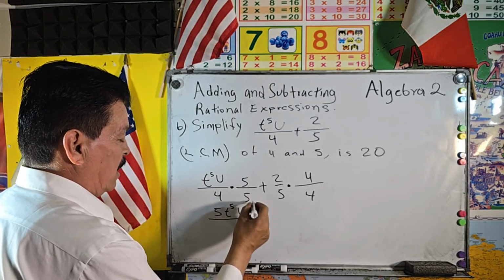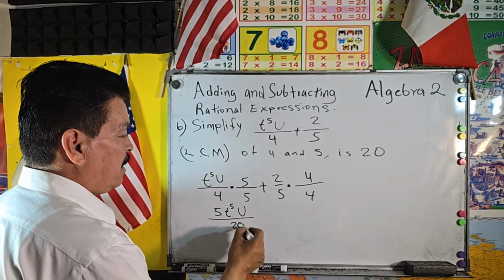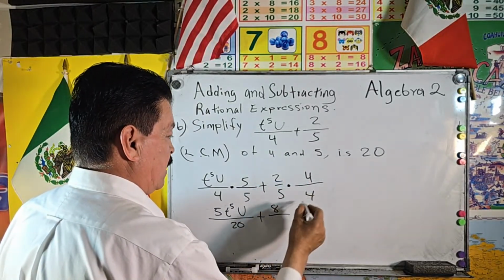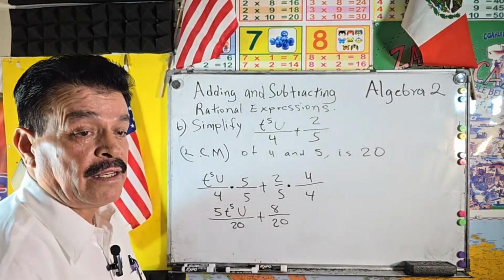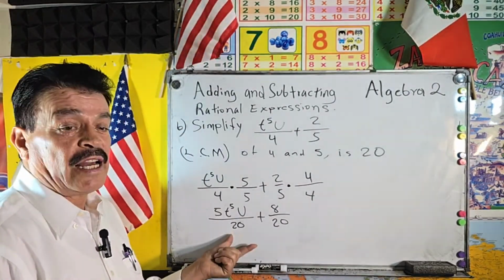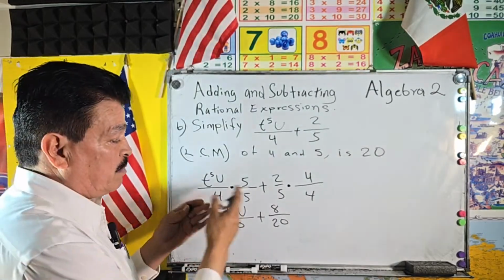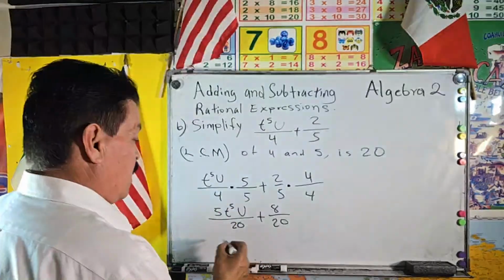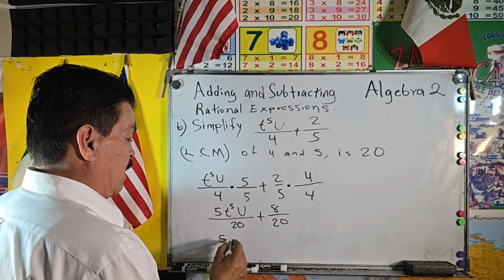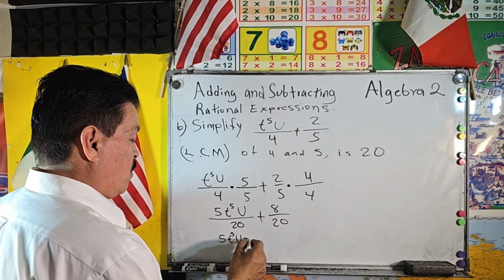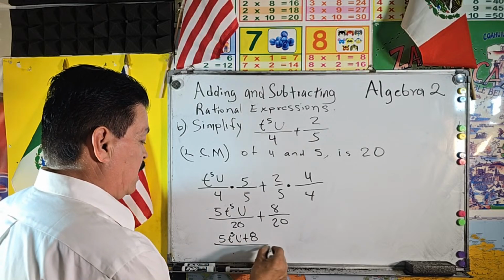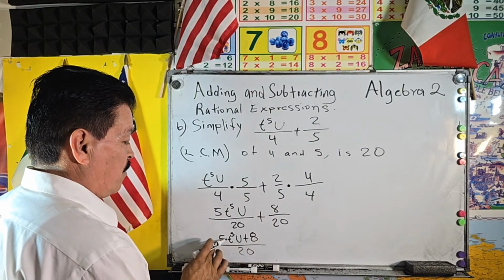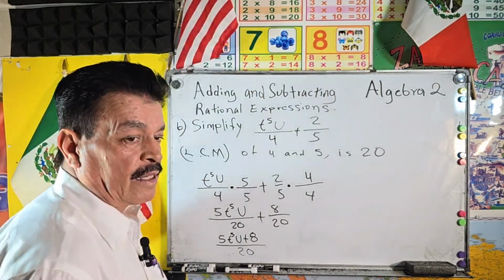In the bottom, 4 times 5 is 20, plus 2 times 4 is 8, 5 times 4 is 20. Now it's very easy. Just add. Now the expression has the common denominator, so it's easy to solve. Just write on top 5t^5 u plus 8, divided by the denominator 20. See? That's the solution of our problem.